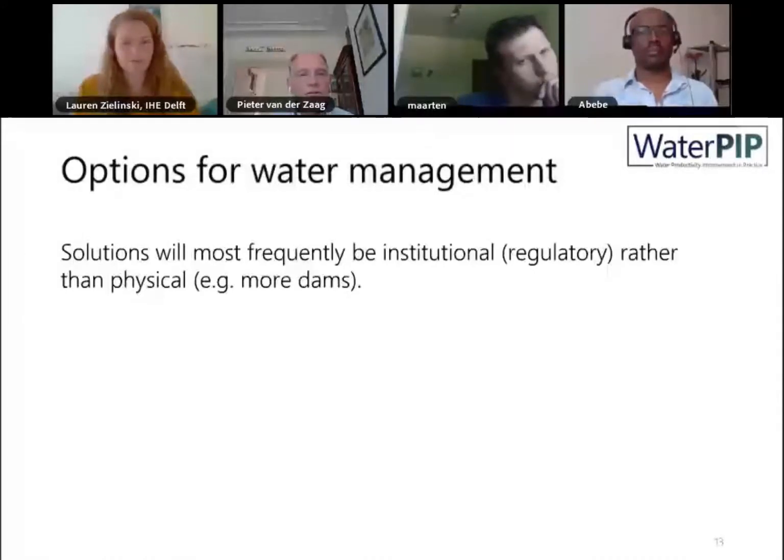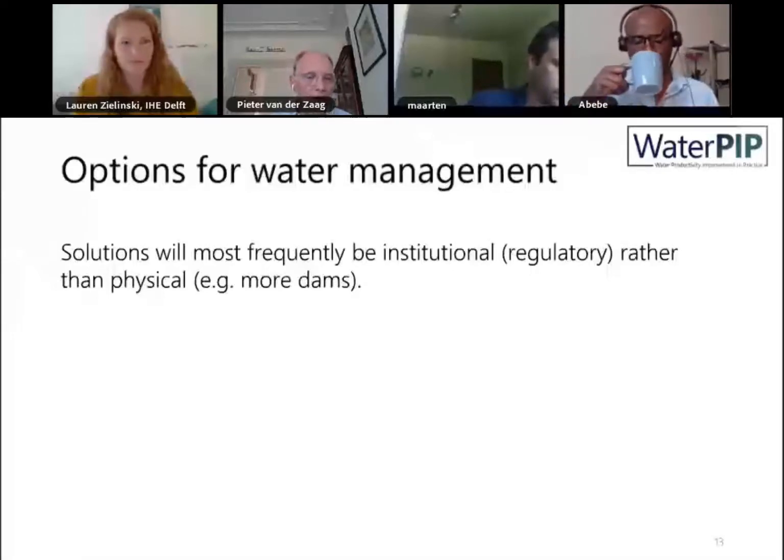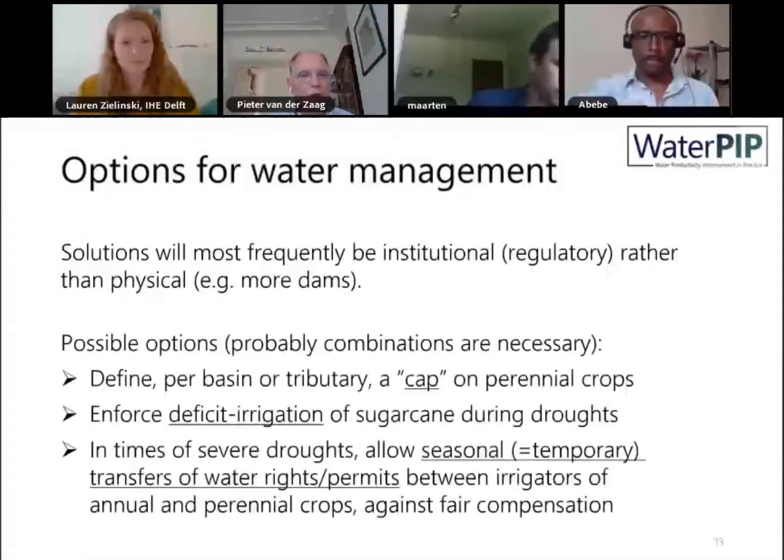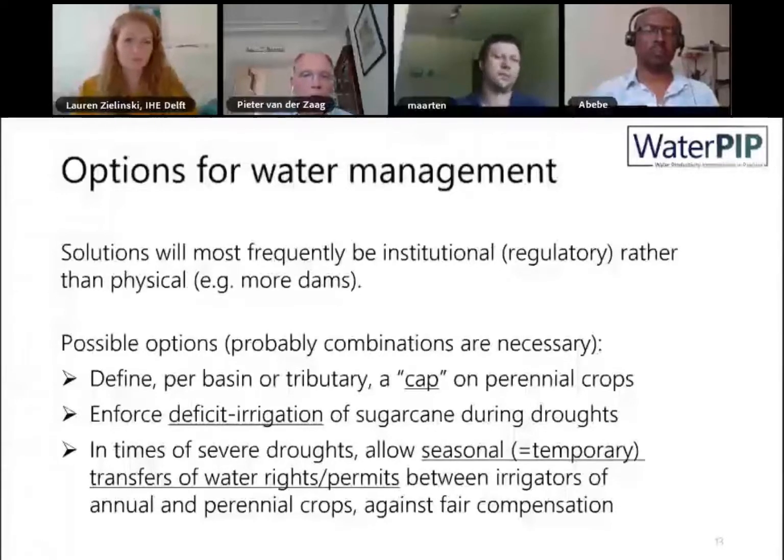You can only solve this by institutional and regulatory measures in closing basins, because the physical measures like putting more dams in is in most cases not any longer economically and practically feasible.